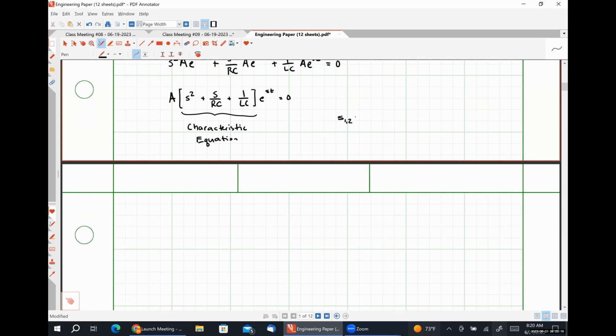So we are going to have s1 and 2 equal to negative b plus or minus the square root of b squared minus 4ac all over 2a, where a is the coefficient of the s squared term, b is the coefficient of the s term, and c is the constant term.